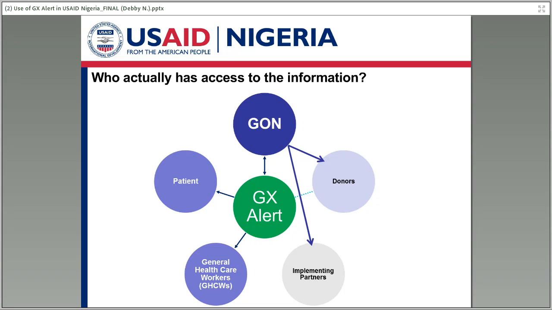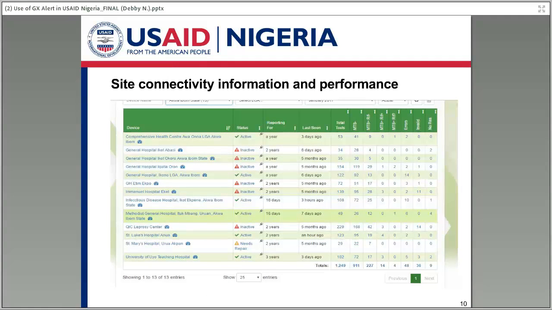So like I said, even though we have real-time information, the people who have access to that information are very limited, and we are still struggling with getting access to real-time information and making decisions based on that information. The other issue is, if you can see on this slide, you'll notice there's a lot of sites that show inactive.